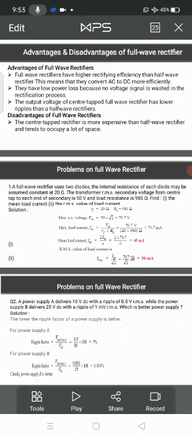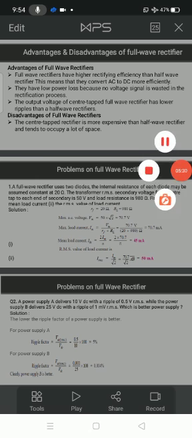The half wave rectifier occupies small space because it uses very few electronic components compared to full wave rectifiers. That's why the half wave rectifier occupies small space and the full wave rectifier occupies a lot of space. Okay, these are the advantages and disadvantages of the full wave rectifier.